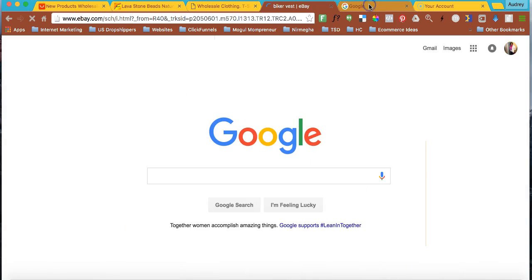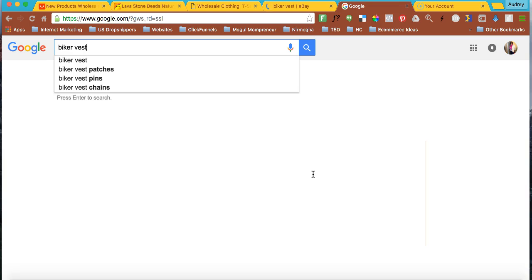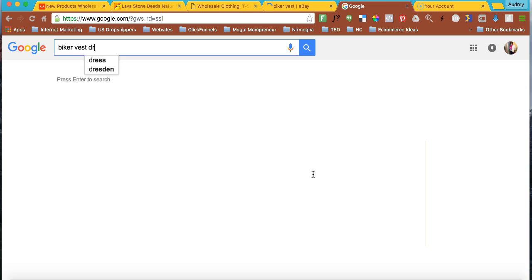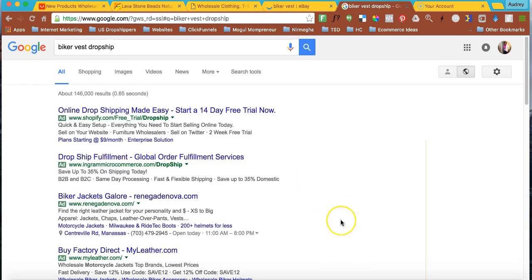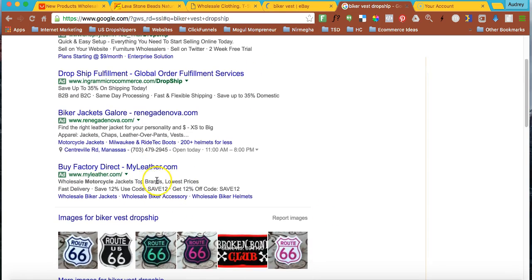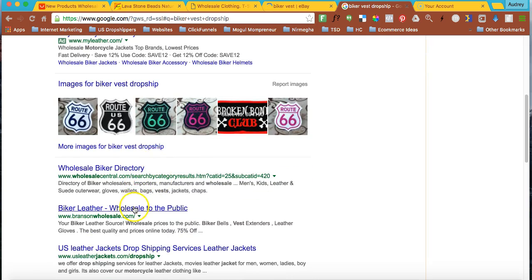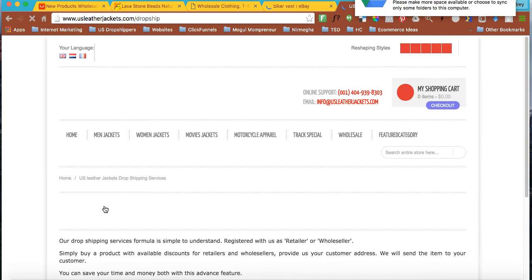And then there's just good old Google. And you'll notice that with Google, for instance, let's say you were looking to sell biker vests. What you could do is at the end of the keyword, just put in drop ship if that's what you want to do. And you'll see that there's going to be a lot of options that come up. Wholesale Central, that was the website that we were just looking at, but also U.S. leather jacket drop shipping services.